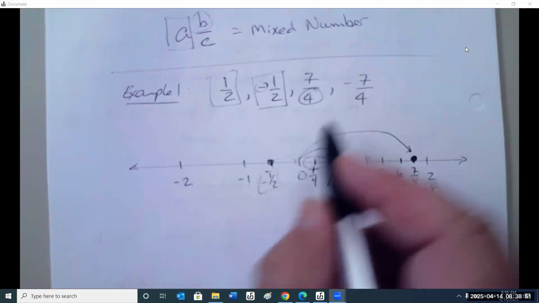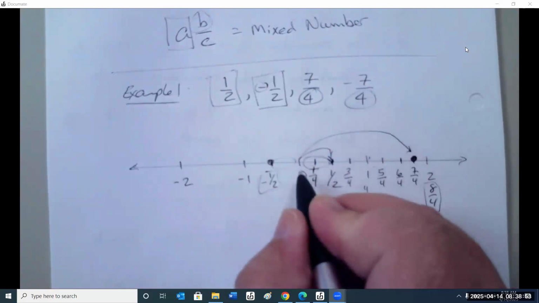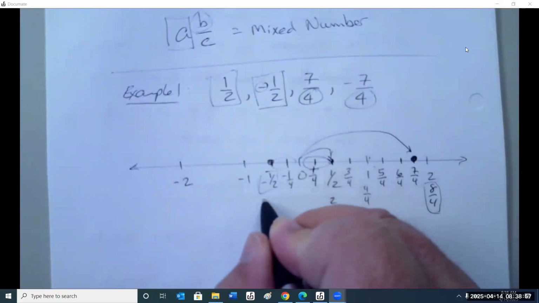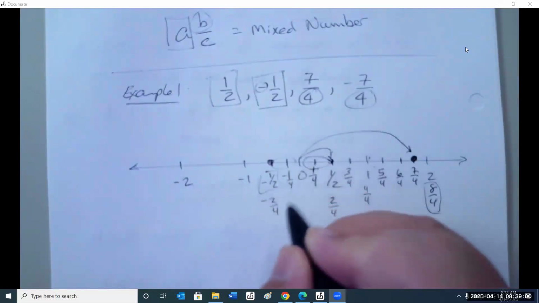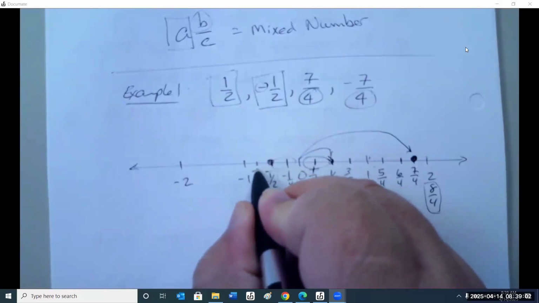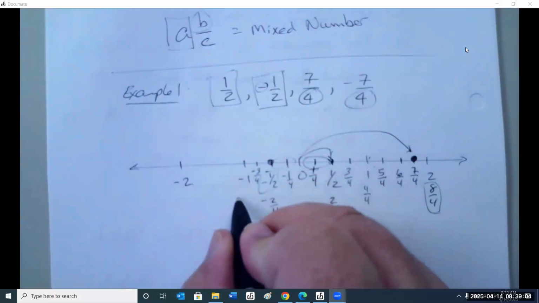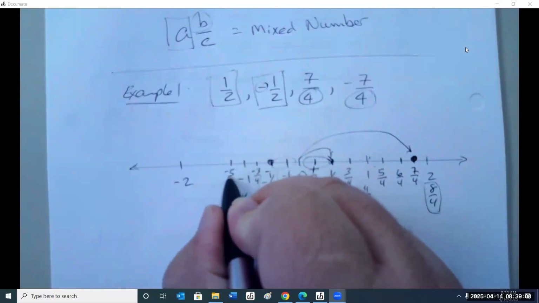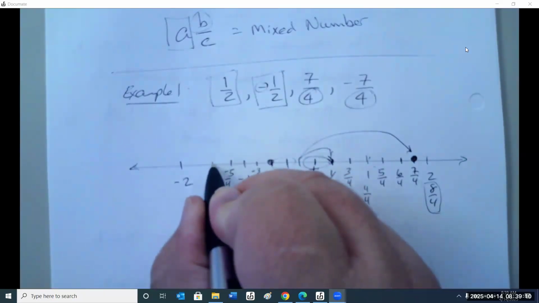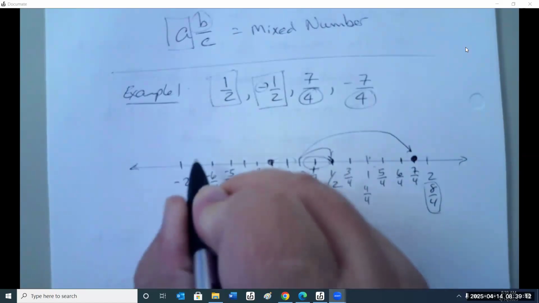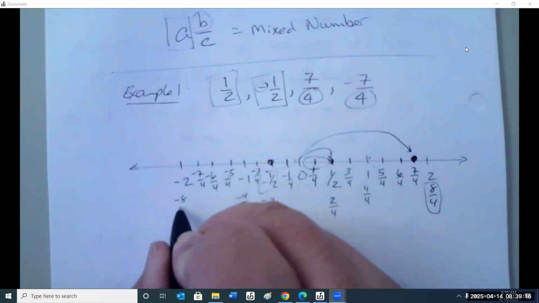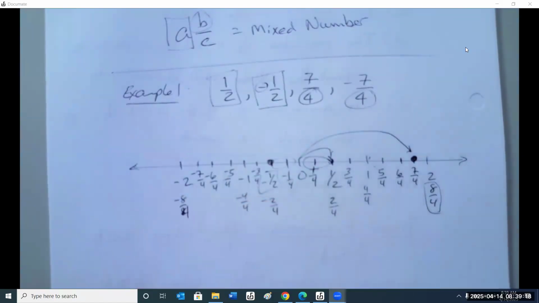Same thing in the other direction. We want negative 7/4. So we have to cut this into fourths. So it's negative 1/4, negative 2/4, negative 3/4, negative 4/4, negative 5/4, negative 6/4, negative 7/4, negative 8/4.